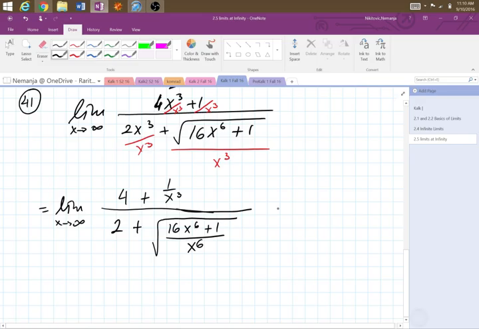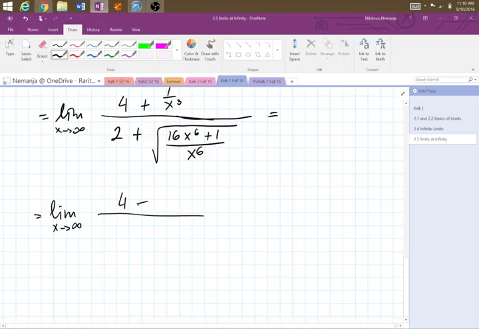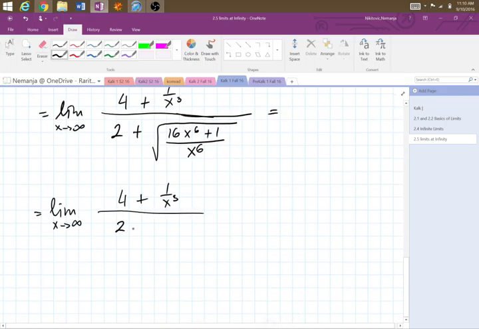So now the whole thing becomes, I know algebra is cool, right? And now everything that is divided by infinity is going to go to 0.